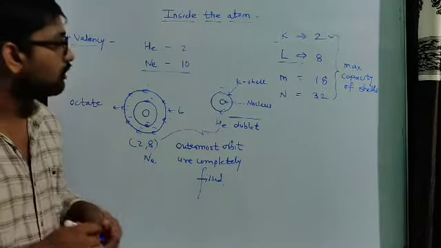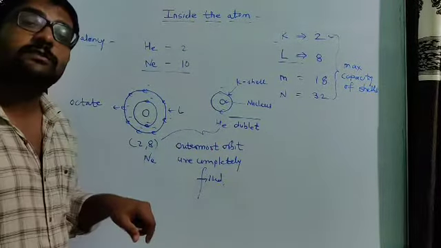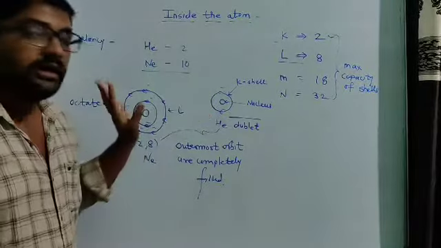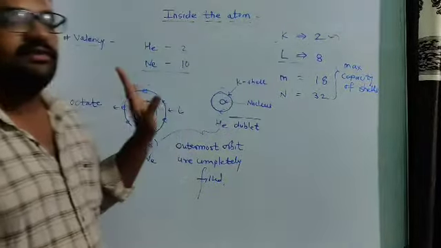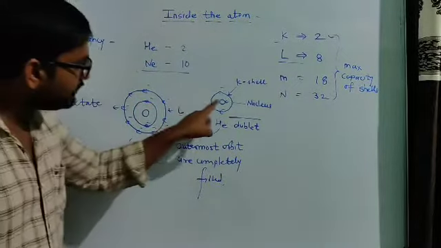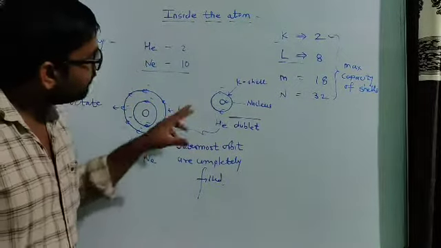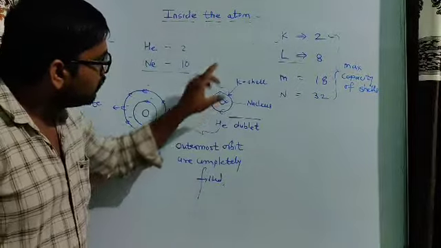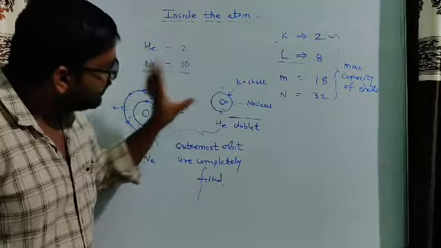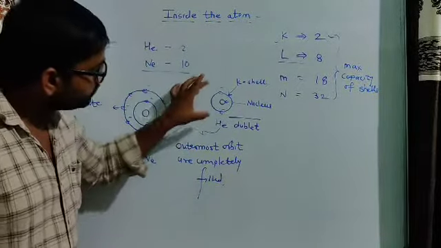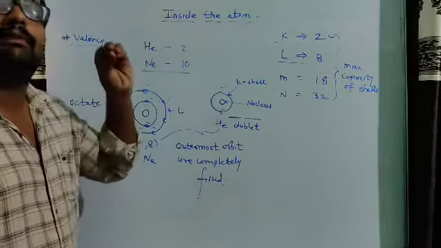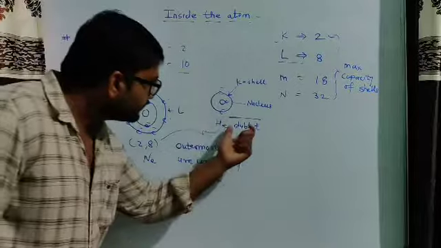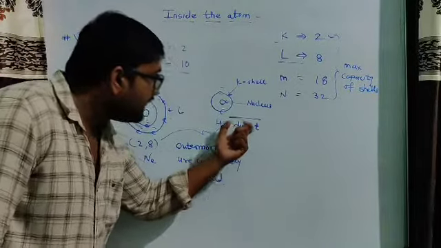Doublet is complete means only 2 electrons are there in the outermost orbit, and 2 is the maximum capacity of the K shell. It has only one orbit, the K orbit, so it is completely filled. Such a case is called a doublet case.